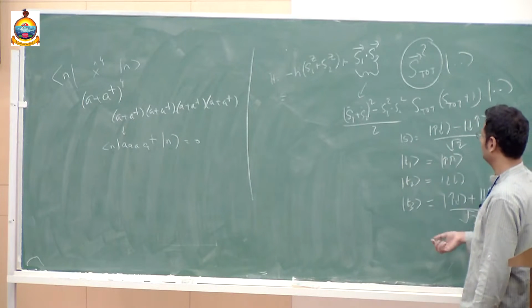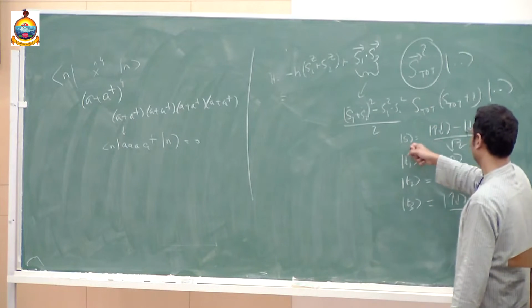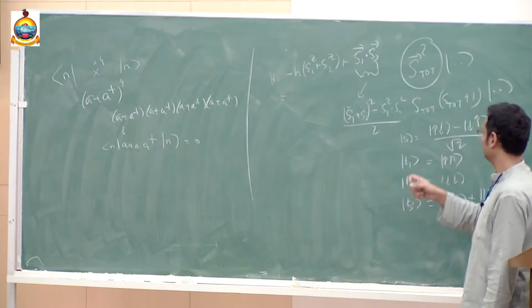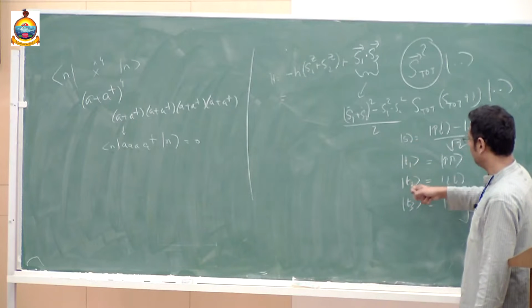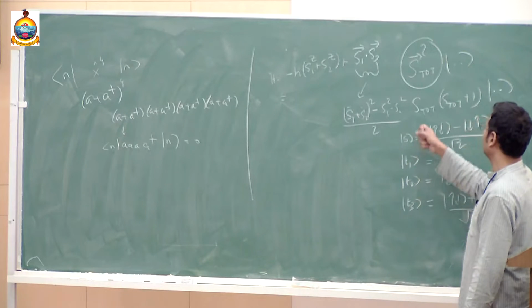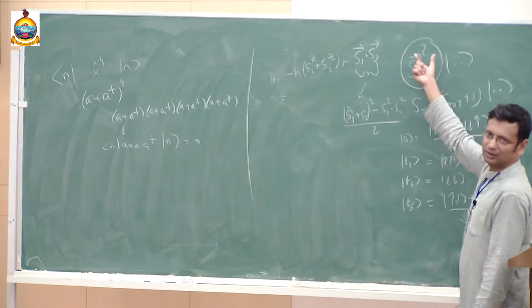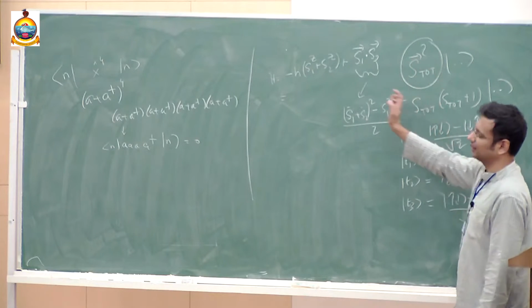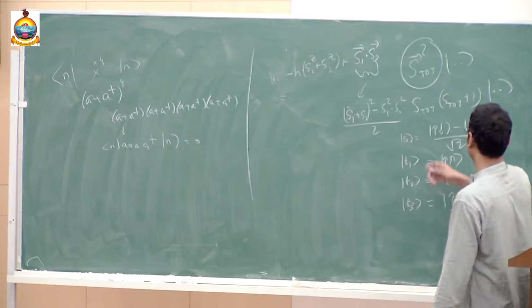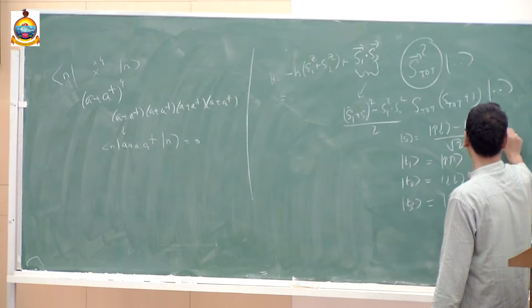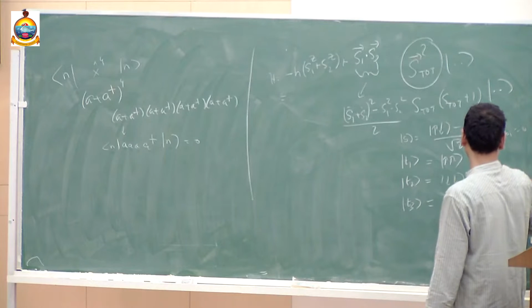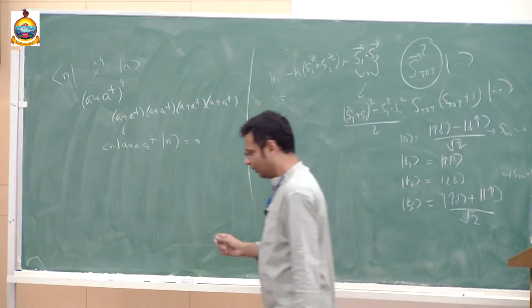It's important to see that, so you can try to check for yourself. Please check that these 4 eigenstates are eigenstates of the S total operator. That's the first thing to check, and then the rest would follow. This has S total equal to 0, and this has S total equal to 1. Please check that.